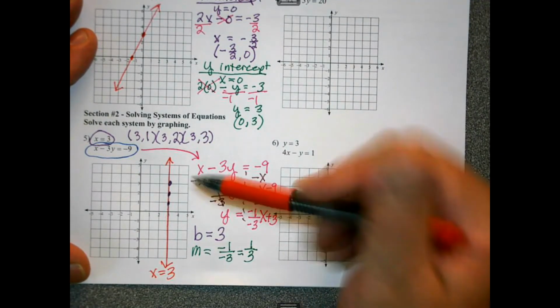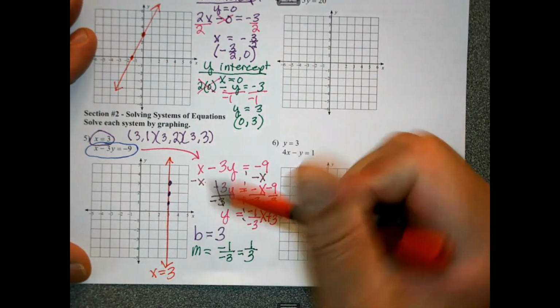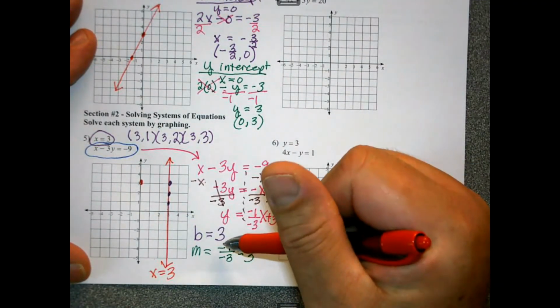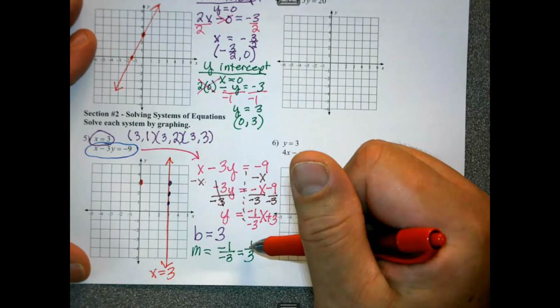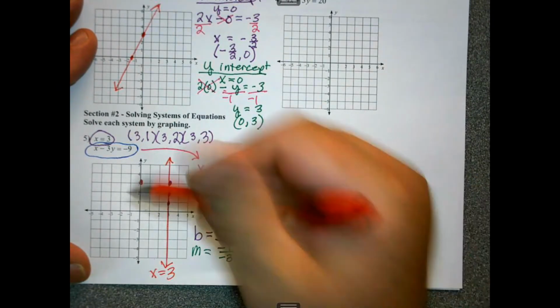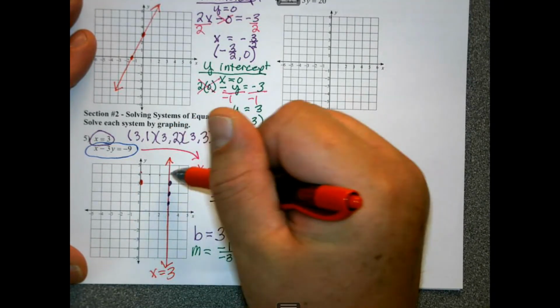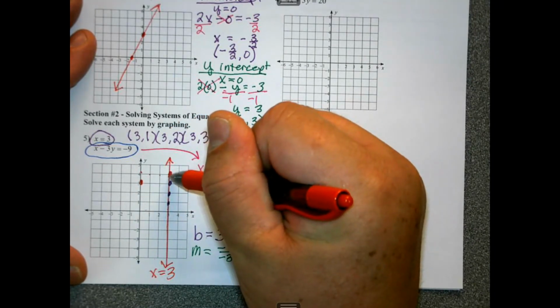Okay, let's graph this line. Y-intercept is 3. Let's try going up 1 to the right 3 because I think it'll intersect. Up 1 to the right 3. And there it is.